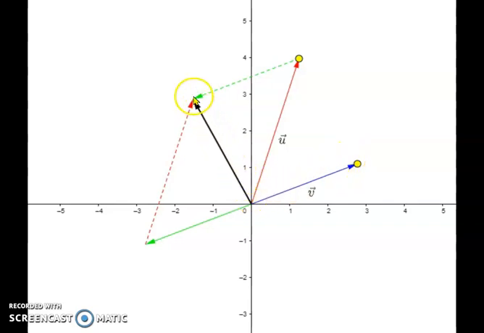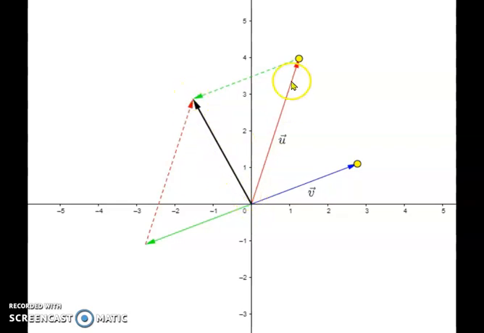Alright? Kasi magma-minus V ka. So the minus V is on the opposite direction. That is this color yellow-green. Alright? So i-add mo ngayon ito na vector and ito na vector. So basically yung kanyang sum ay ito na vector.